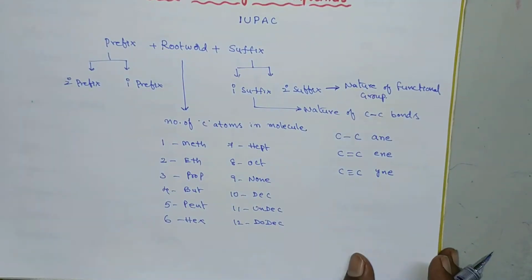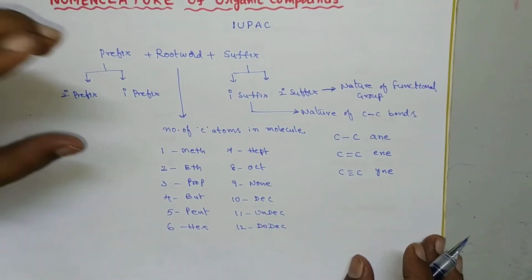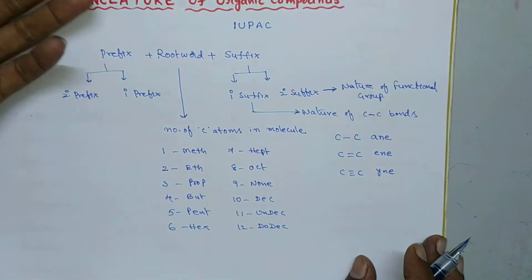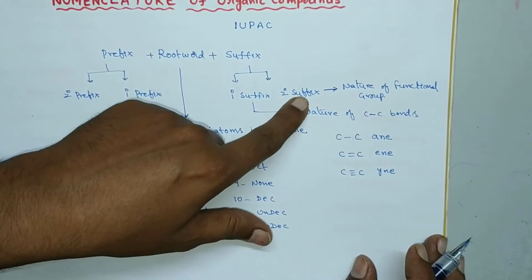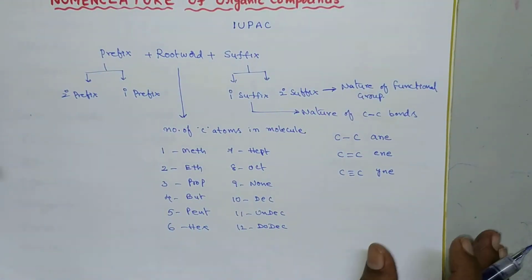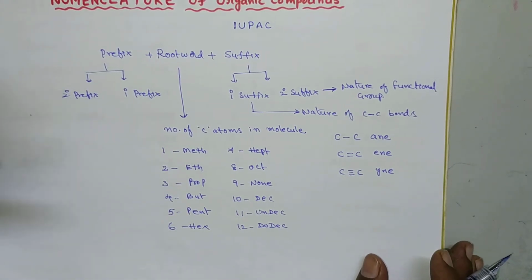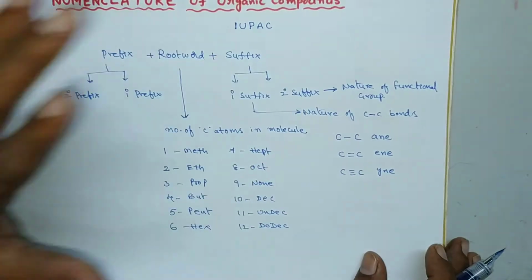There are so many functional groups in organic molecules, and different functional groups have different secondary suffixes. So we have to learn the secondary suffixes and their IUPAC names. At the place of the secondary suffix, we write the IUPAC name.